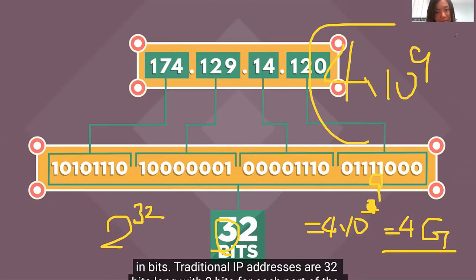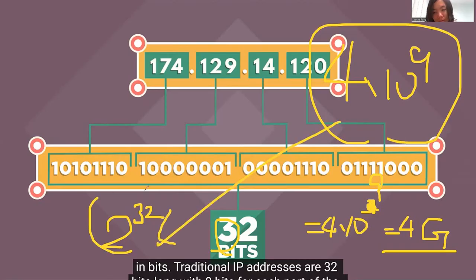So it actually provides about 4 giga IP addresses. That's equivalent to 2 to the power 32 addresses from the 32 bits. That's the total number of addresses that you can achieve.